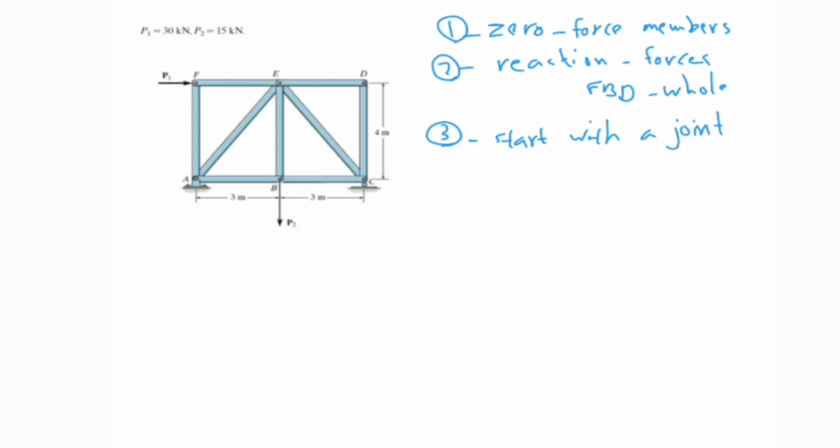and I would say here that this guy is a zero force member, this guy is a zero force member, and this guy is not, and this guy is not, because we have some forces over here.